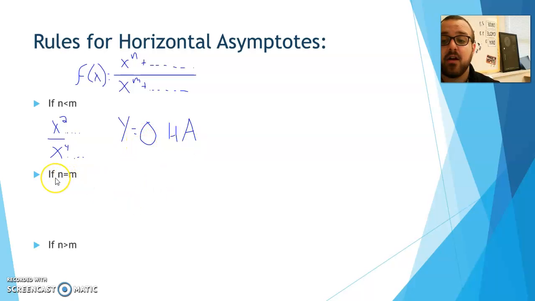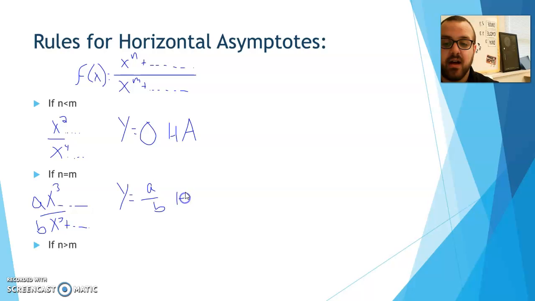If they are equal, so something like x to the third over x to the third, and who knows what else is there, we're going to look at the leading coefficients, the numbers multiplied by the terms of the highest degree. I'll call those a and b. Your horizontal asymptote is going to be y equals a over b.